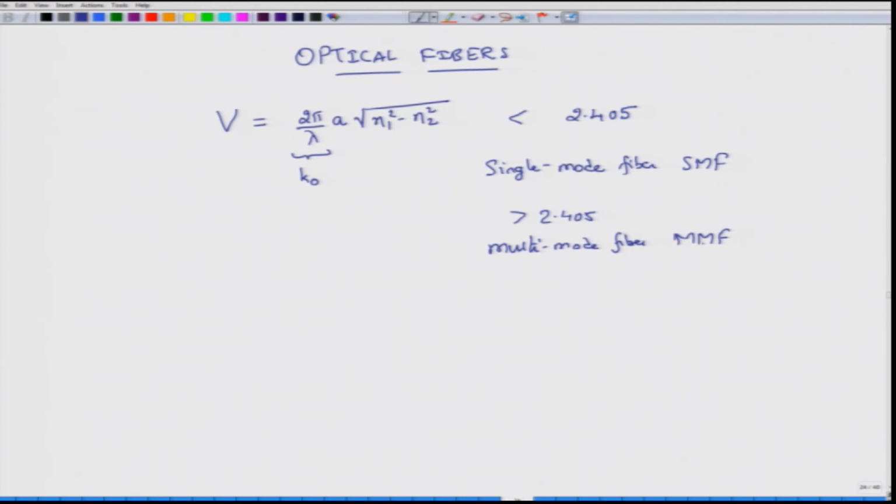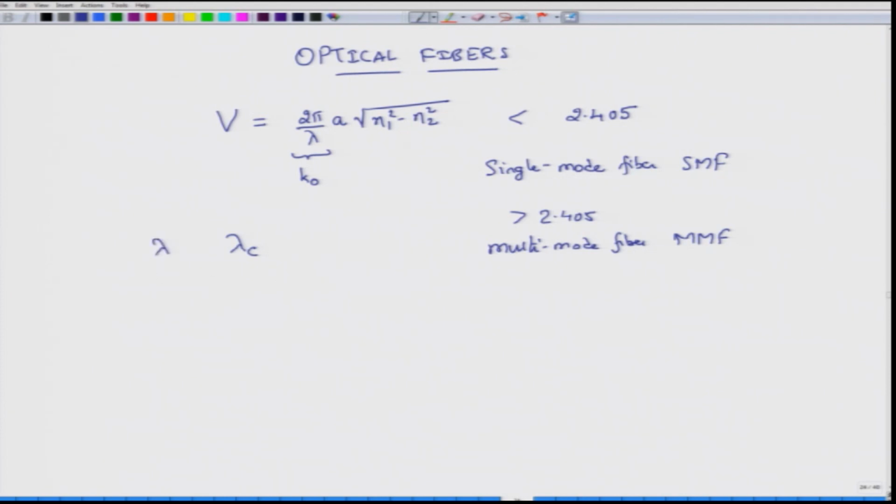Now, a fiber which is a single mode fiber for a certain wavelength lambda, if I start reducing that lambda value, then clearly the value of V increases, because V is inversely proportional to lambda. So, there is a certain lowest possible value of lambda which we call lambda c.